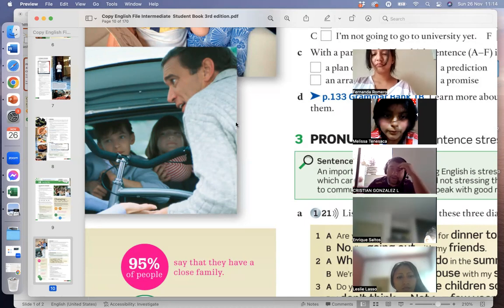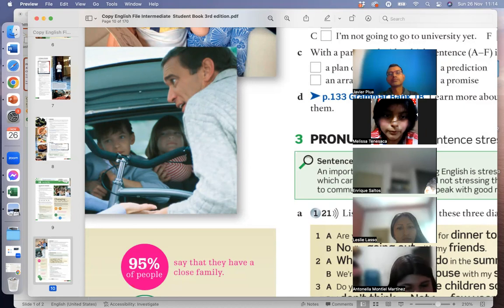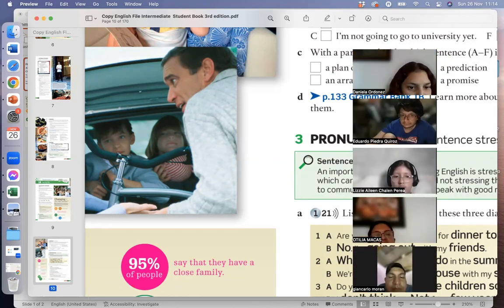The father is angry. Why? They put the bicycle in the trunk of the new car. Okay.